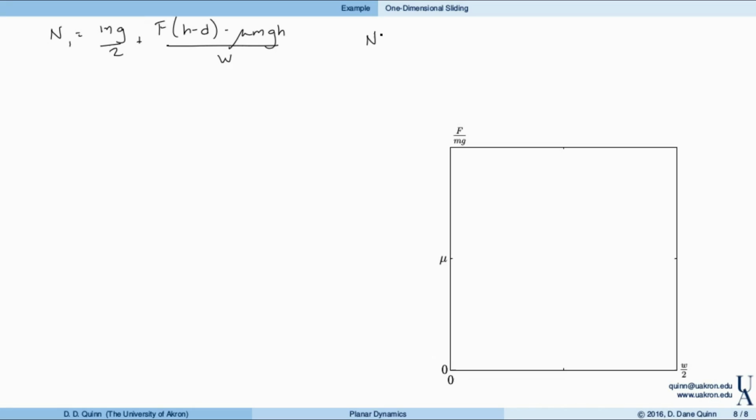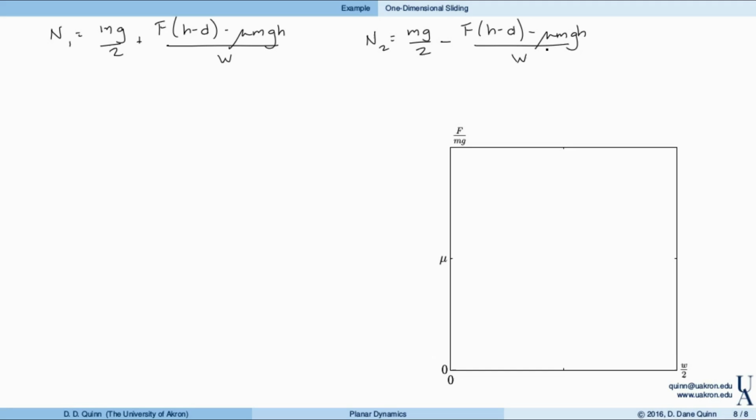And N2 was mg over 2 minus F times (h minus d) minus mu mg h. I'm just rewriting these so we can refer to them in a second.